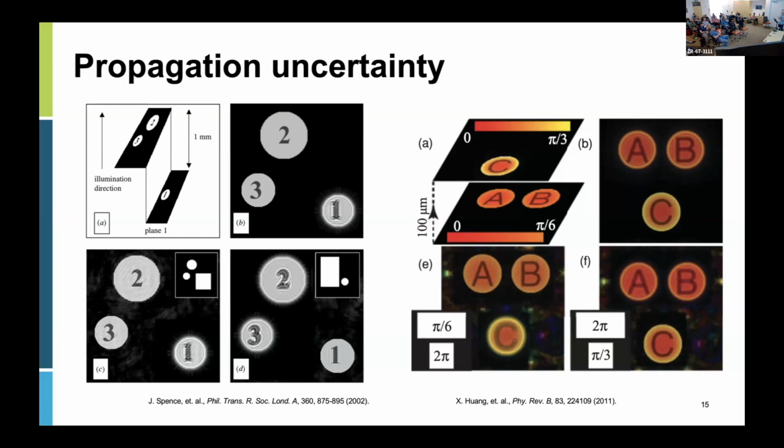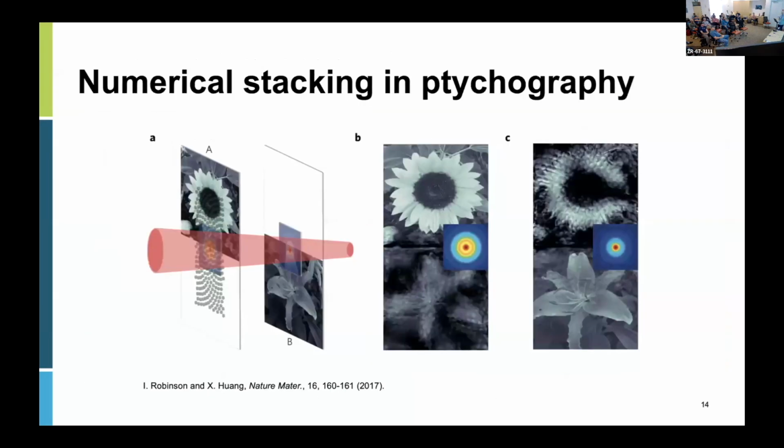But it has been pointed out that if we apply a support constraint or phase constraint in real space, it can break this propagation uncertainty and determine which plane we are reconstructing. So this simulation shows us the probe wavefront can select the reconstruction plane in the same manner.